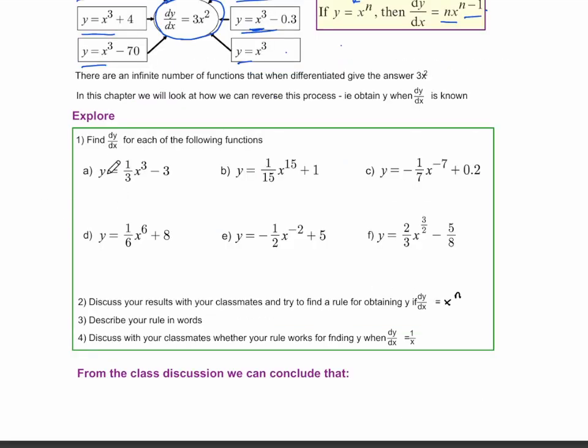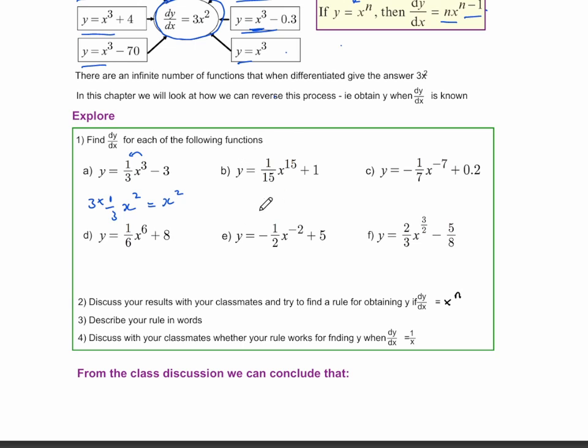Let us try finding the derivative for all of these. Then we'll analyze all of them and see if we can come up with a formula for the integration. So this one right here, the power you multiply to the initial, so 3 times 1 over 3 x, and then power minus 1, so power 2. The constant just goes away, this just gives us x squared.